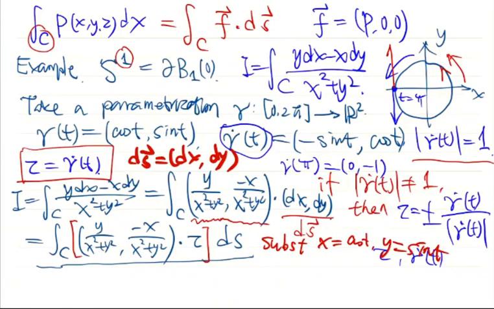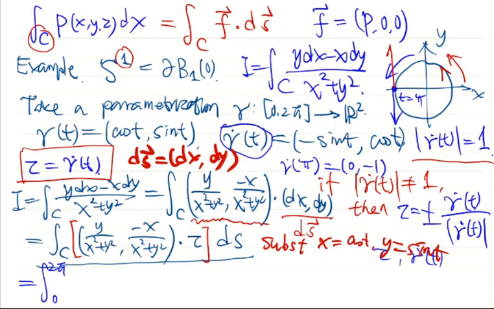So we need to use the definition to convert this into a definite integral. The upper limit and the lower limit of the definite integral are the endpoints of the domain of definition of the parameterization. Therefore, it's 0 and 2 pi.